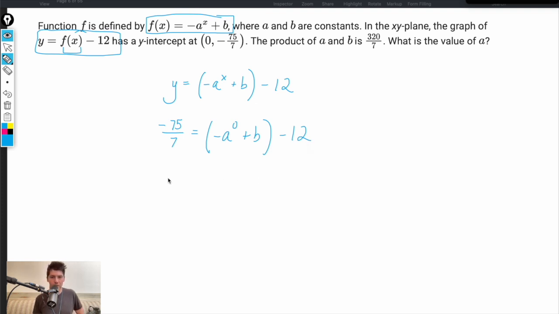First of all, we kind of want to get to these a's and b's, the unknown values. So I'll add 12 to both sides, and that will give me negative a to the 0 plus b. And then I could do some common denominator stuff over there. I'll get to that. This is a really interesting and dangerous moment. This is the heart of this question, if you will.